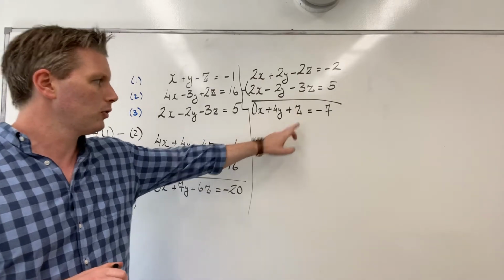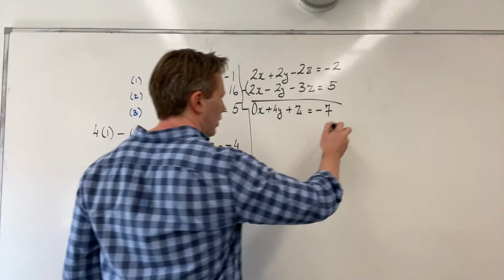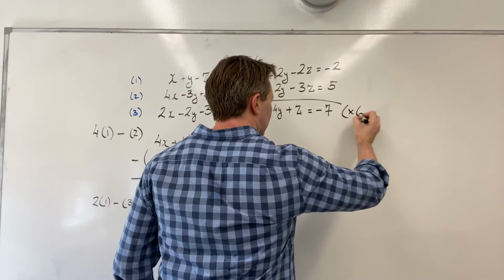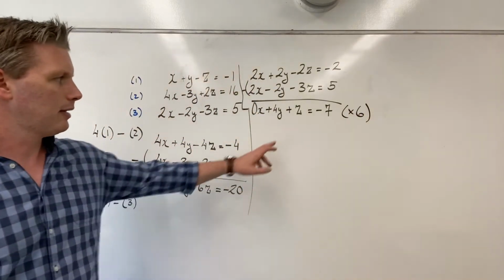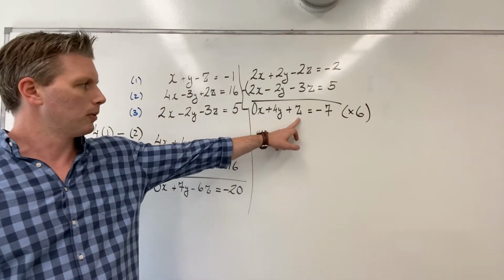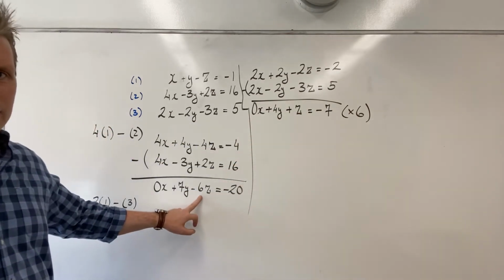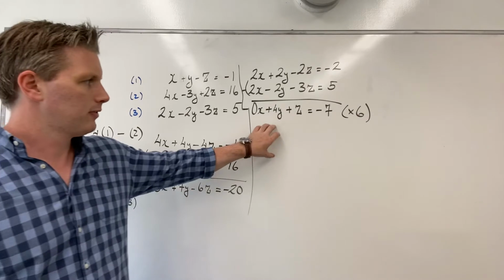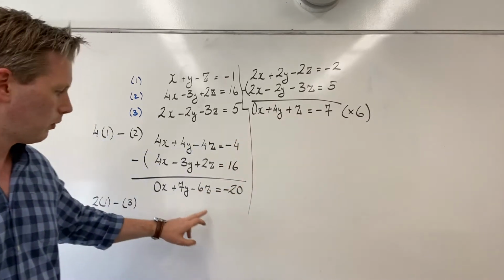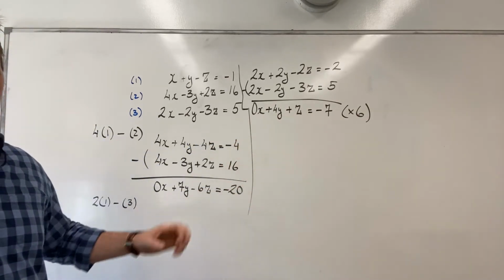So if I were to multiply this equation here by 6, I would get a 6z term. And because I have a negative 6z here, this 6z term, were it added to this negative 6z, would cancel my z.